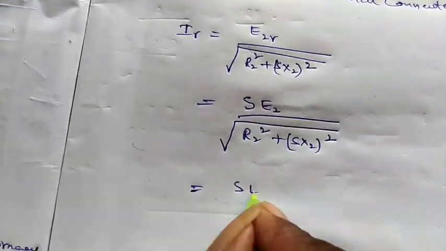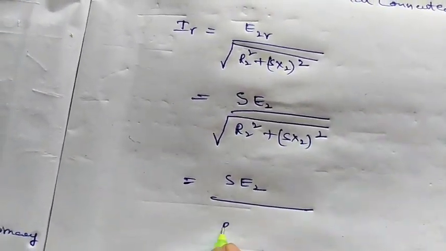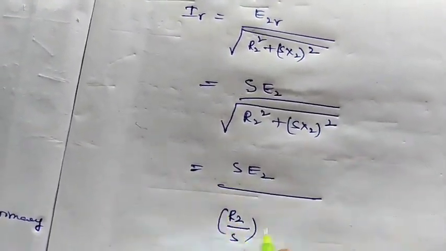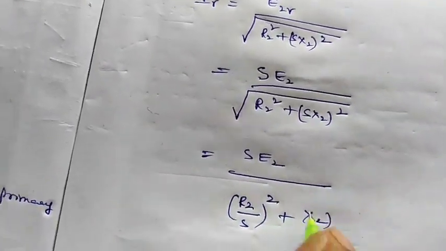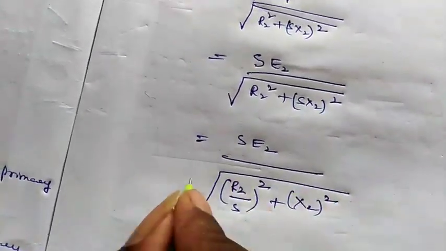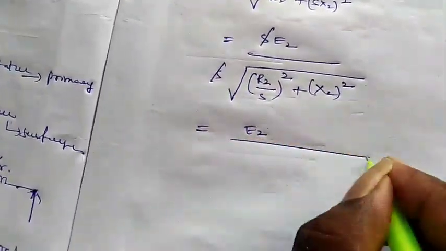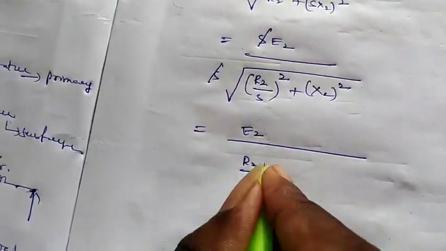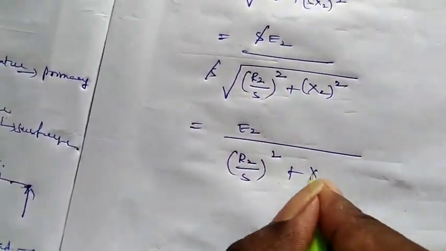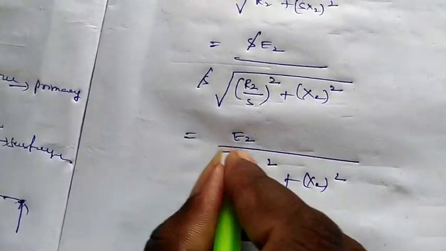Taking S common, that is the square root of R2 by S whole square plus X2 square. The S's get cancelled. So we get E2 divided by the square root of R2 by S whole square plus X2 square.